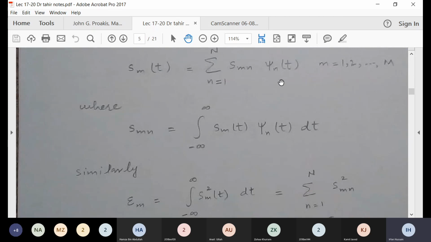So the summation comes out, and your integral will be just around the square of psi n, and the square of psi n is always 1 for all the values of n. So you will just get sm1 square, sm2 square, smn square, or the sum of smn square from n equals 1 to N. So you are just adding after squaring up the coefficients of the dot products, and you will get the total energy.